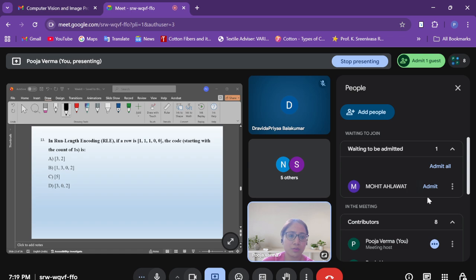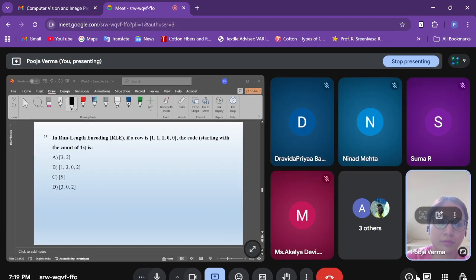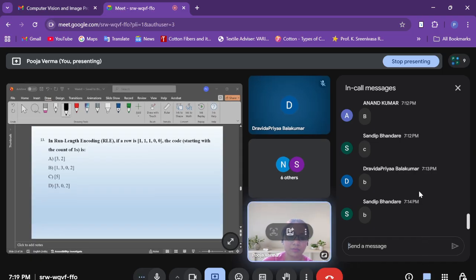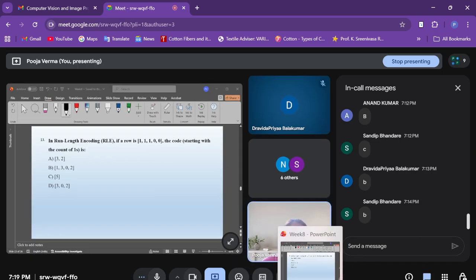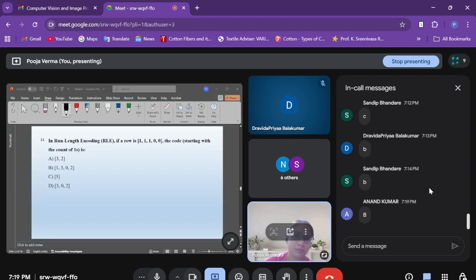What is the code? Anyone would like to answer this question? What should be the answer? Okay, 1302. Option B, how?